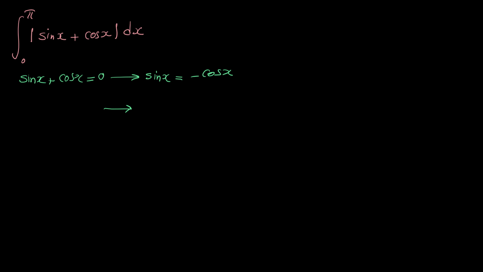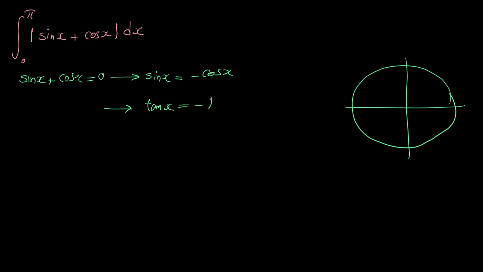If we divide the left side by cosine of x, sine x over cosine x would be tangent x. And if we divide the right side by cosine of x, negative cosine over cosine would be negative 1. Now we have only one trigonometric function, tangent x. And now we have to figure out where tangent is negative 1. If we look again at the unit circle, in the first quadrant, tangent is positive.